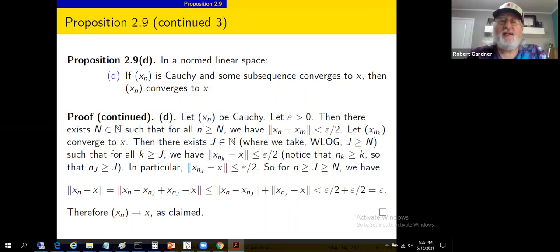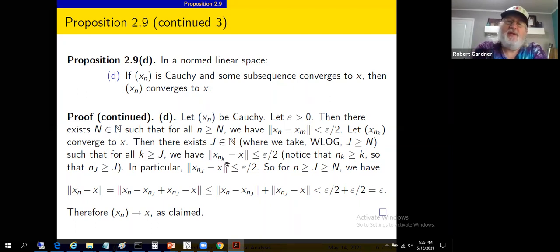That's the definition of a convergent subsequence. I have to talk about the k's in the x sub n sub k. The k's reflect positions in the subsequence. So when you go sufficiently far out the subsequence, you get close to this limit point x. I want close to be epsilon over 2.